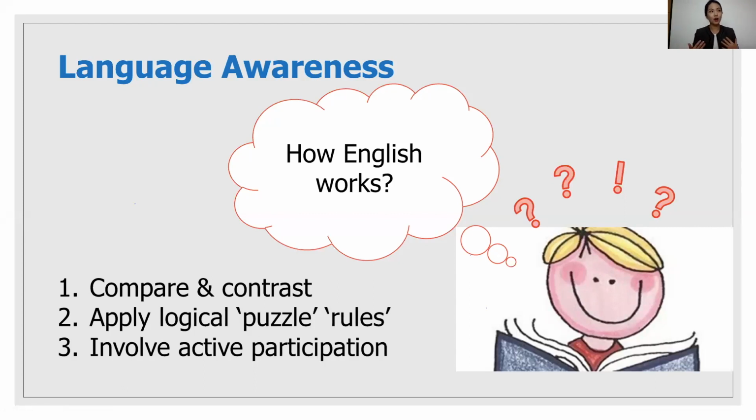They understand, oh, grammar is like a puzzle or rules. English has some rules. Yes, they realize it. So they will be involved in active participation. Thinking about how English works is very important as a starting point for grammar.